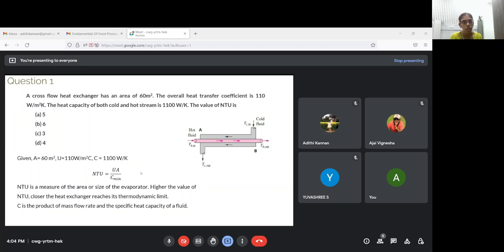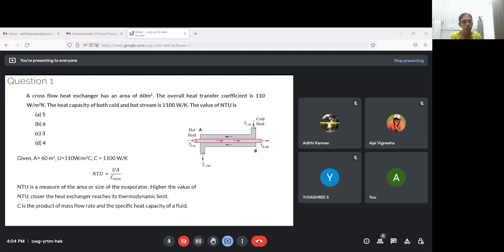And here U stands for your overall heat transfer coefficient, A stands for the area, and C minimum stands for the minimum heat capacity. Like say if you have a cold and hot stream, each having different heat capacities, for the NTU calculation you will be using the minimum heat capacity. So in this case, it's the same, which is 1100 watt per Kelvin.